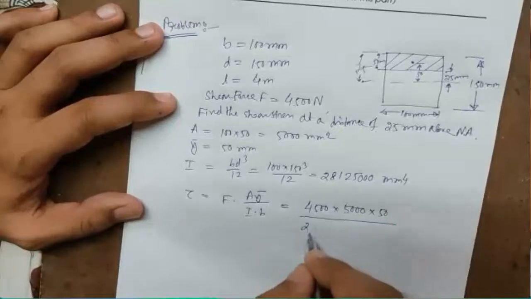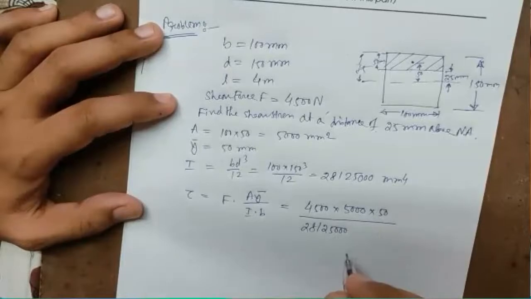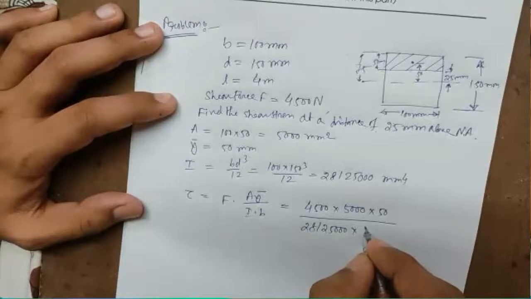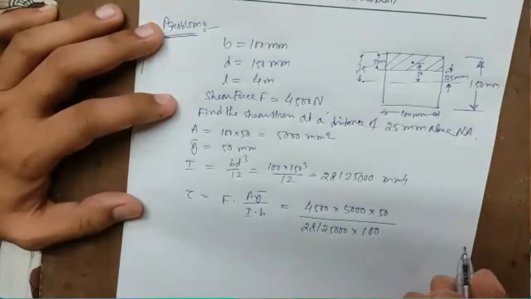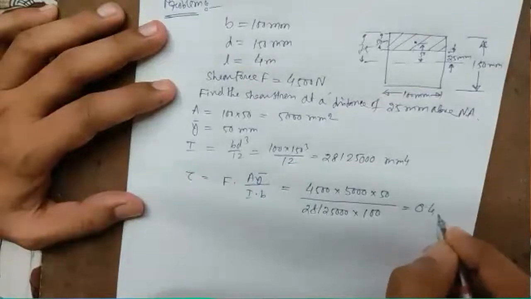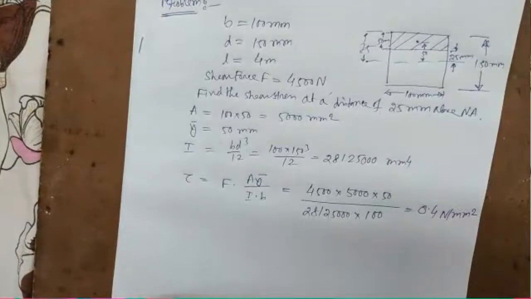I is 28125000, and this breadth is 100. Okay, put the values. Finally we'll get 0.4 Newton per millimeter square. So the shear stress at a level of 25 mm from the neutral axis, the horizontal shear stress, is 0.4 Newton per millimeter square. This is a very easy problem.